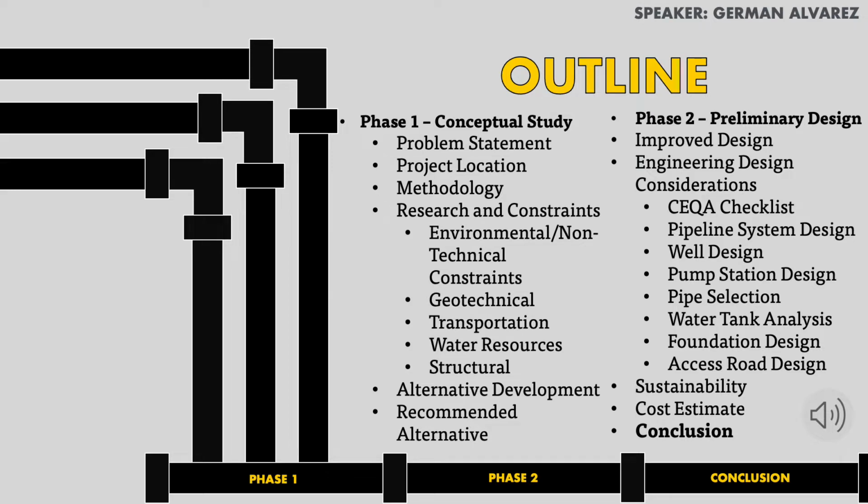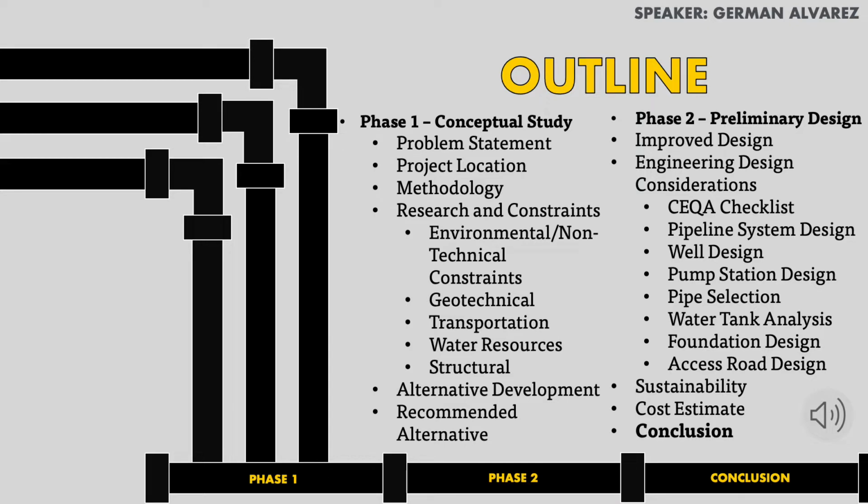The project demanded the use of a multidisciplinary approach, so the research and constraints were split up into different branches of civil engineering. The research conducted and constraints we found allowed us to create multiple alternatives where we continually collaborated with our client to ultimately decide on one recommendation that meets their demands and solves their problem.